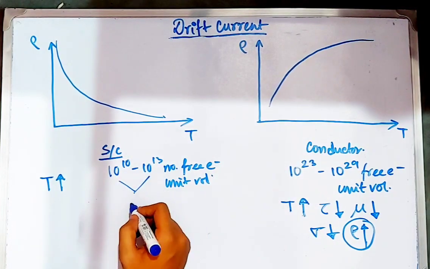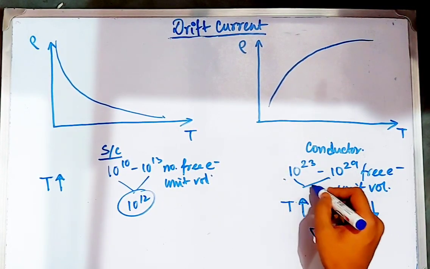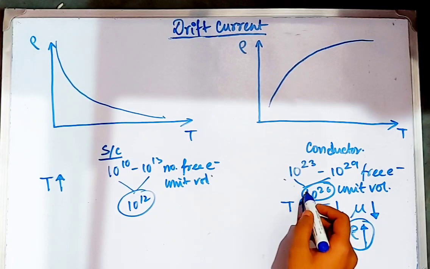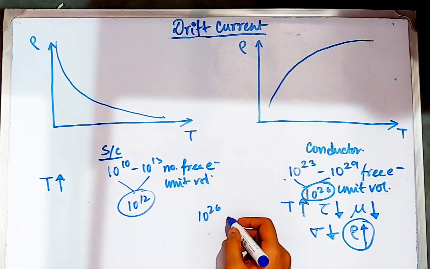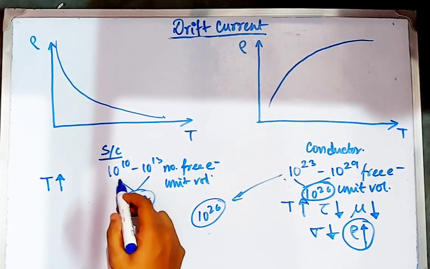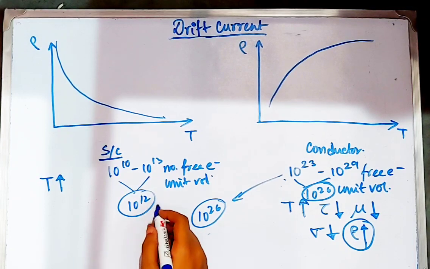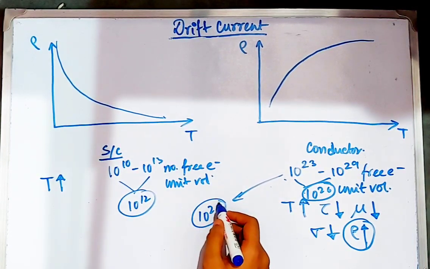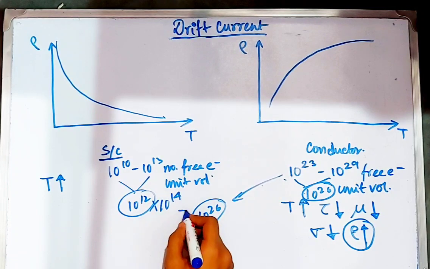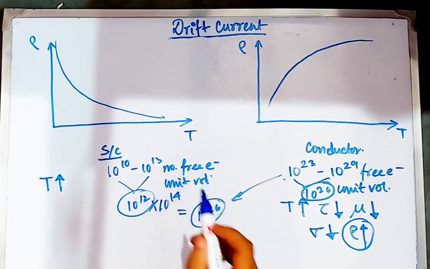If I take 10 to the power 12 as the average for a semiconductor, and from here if I take 10 to the power 26 as the average for a conductor, then the number of electrons present in the conductor is 10 to the power 14 times the number of electrons present within a semiconductor in a unit volume.